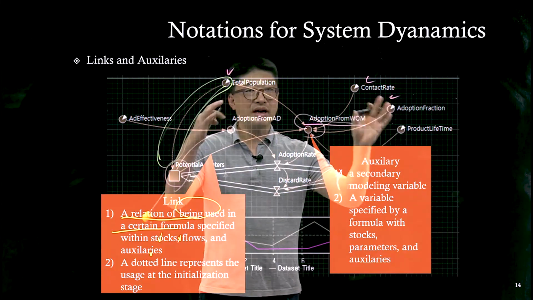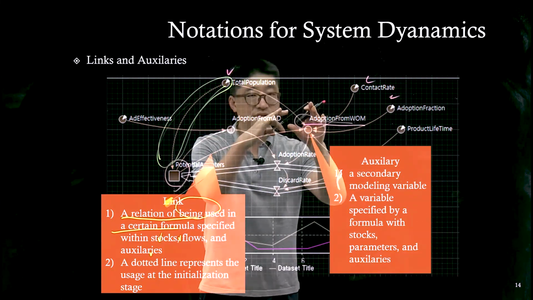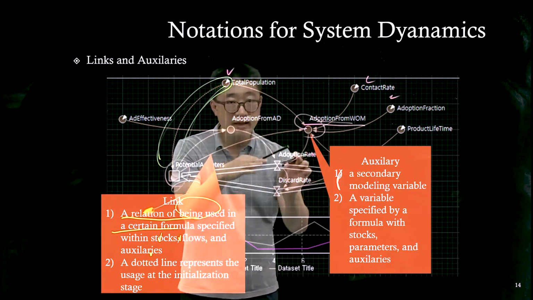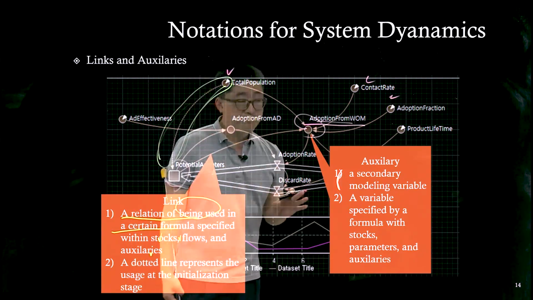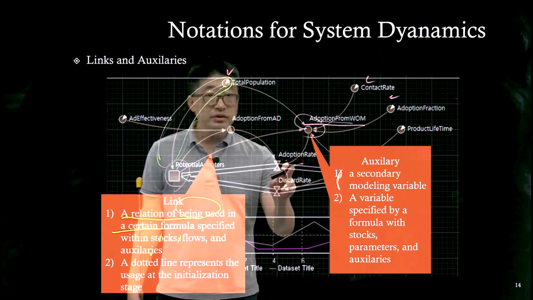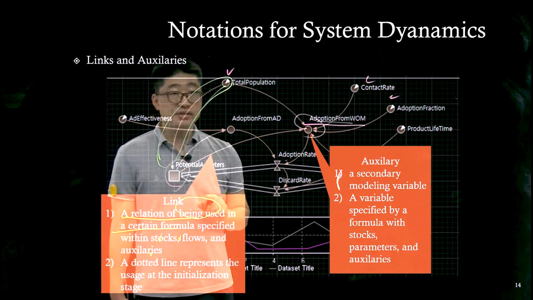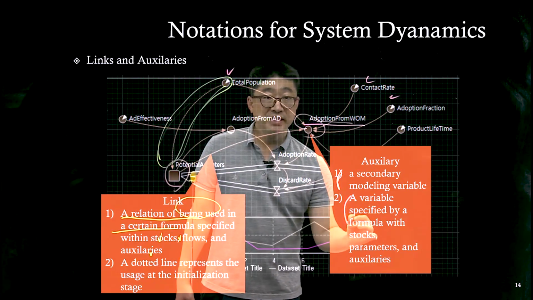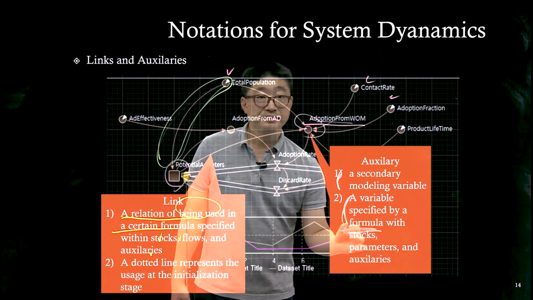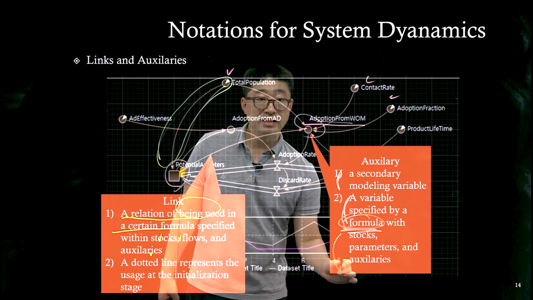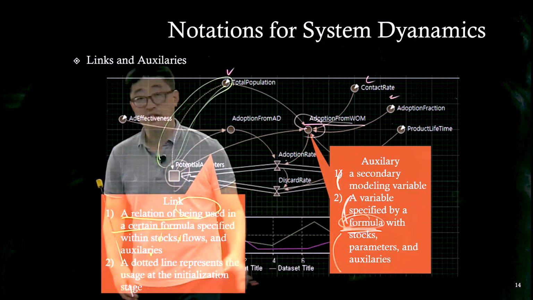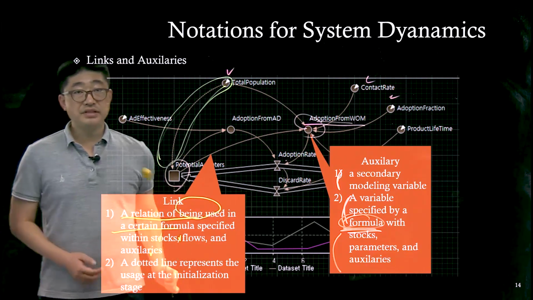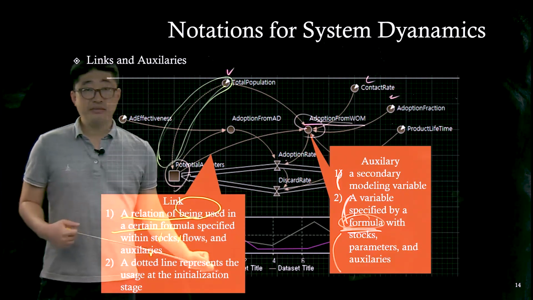So we make an auxiliary variable to do some computation and make that variable useful in the flow specifications. So, an auxiliary is a variable specified by a formula with stocks, parameters, or other auxiliary variables. That is the definition of these system dynamics notations.